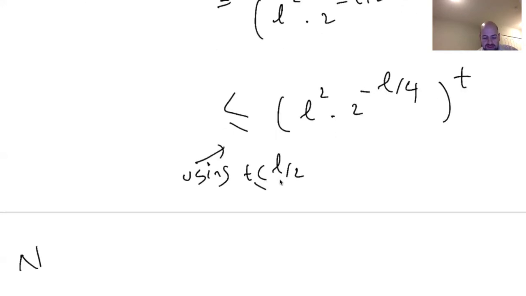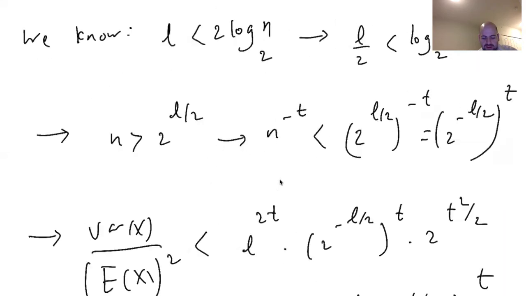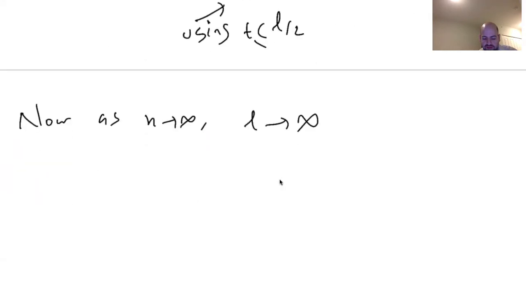Now, as n goes to infinity, L goes to infinity as well, right? Remember, let me write down again. L is ceiling of (2 minus epsilon) log n base 2. So epsilon is fixed, of course, and as n goes to infinity, L goes to infinity.